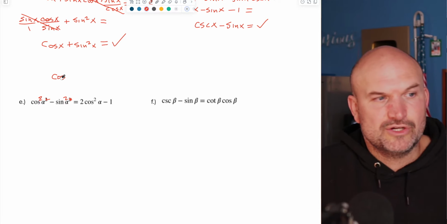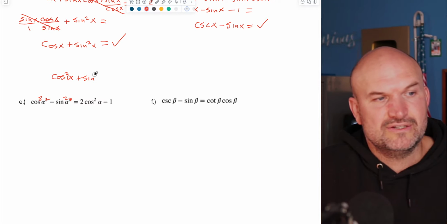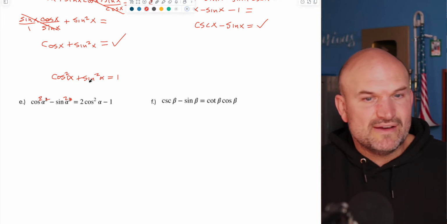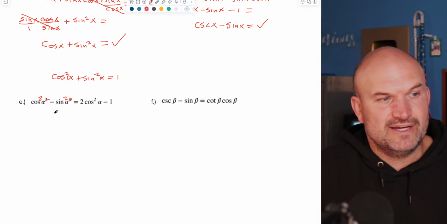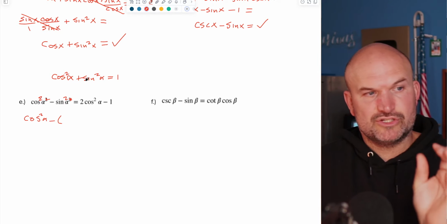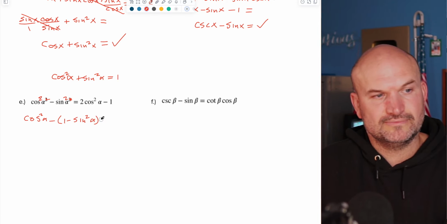And yeah, if you think about your identities, let's use alpha because that's what's in this problem. Cosine squared of alpha plus sine squared of alpha is equal to 1. So if I rewrite sine squared as 1 minus cosine squared, I can actually simplify it. So let's go and rewrite that. So cosine squared of alpha minus, now again, what I'm doing is substituting for the sine squared, so that's going to be 1 minus cosine squared of alpha.